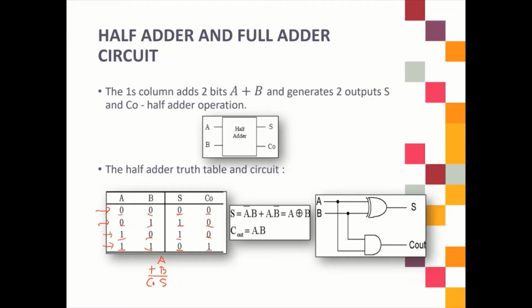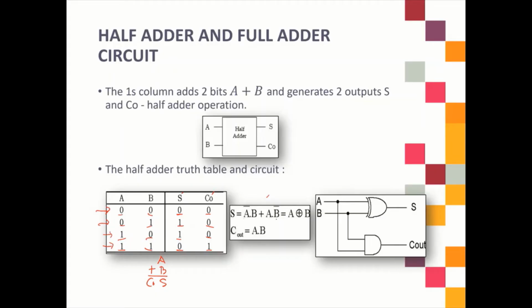Next step, you need to simplify the equation using Boolean algebra. You need to derive the SOP for each output and then simplify.